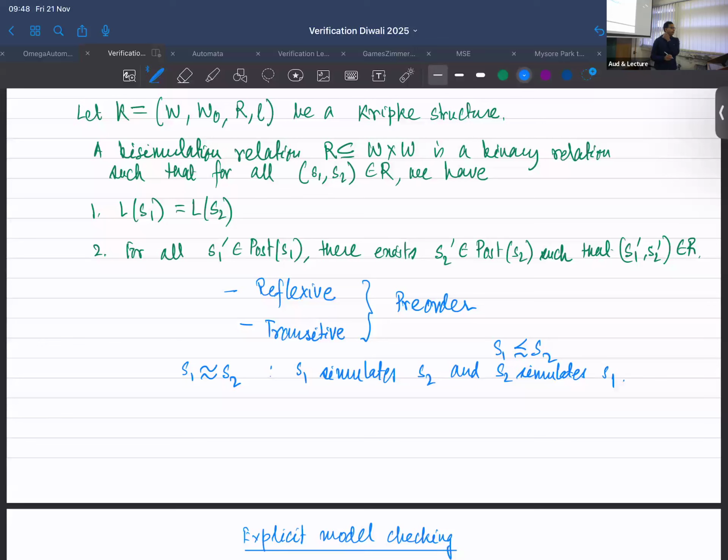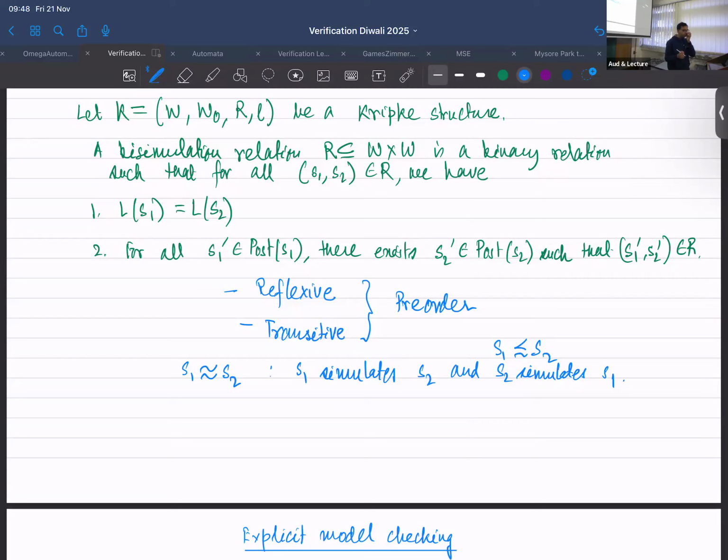Okay, so now you see that this is again an equivalence relation. This is a reflexive relation. This is a symmetric relation: if S1 simulates S2, then S2 also simulates S1. Also, it's a transitive relation. So this is also an equivalence relation.